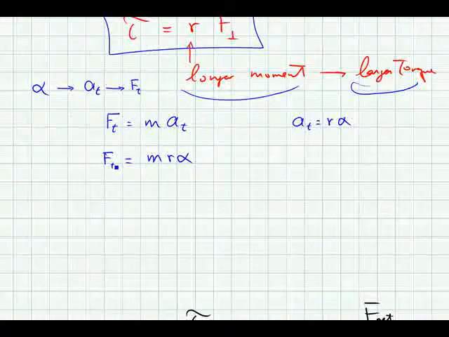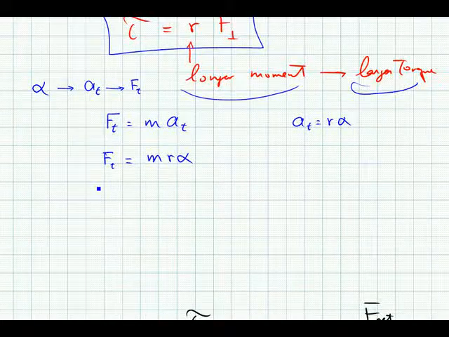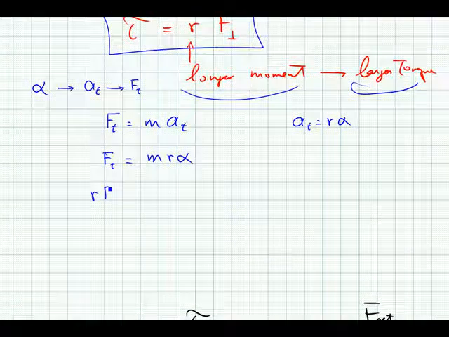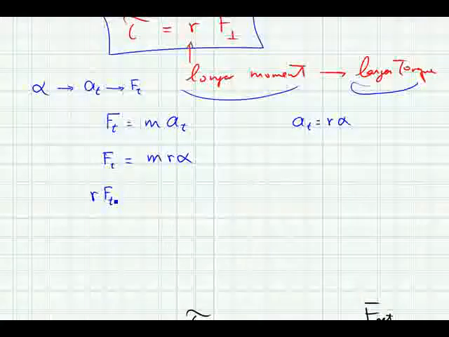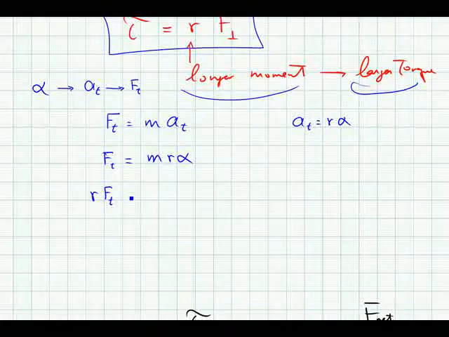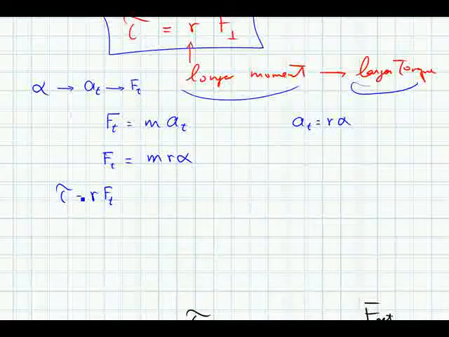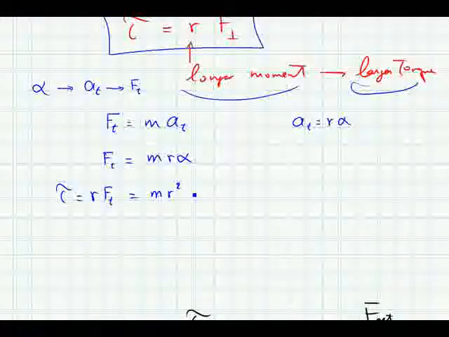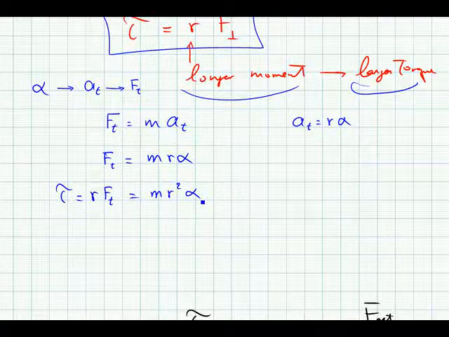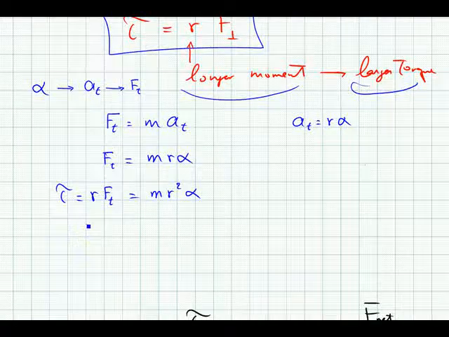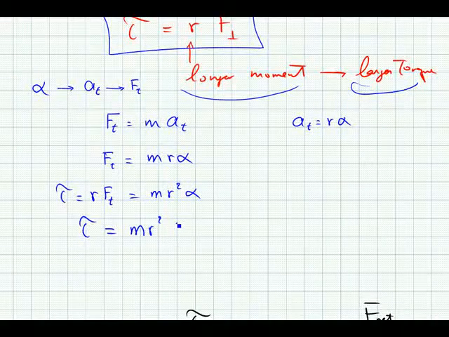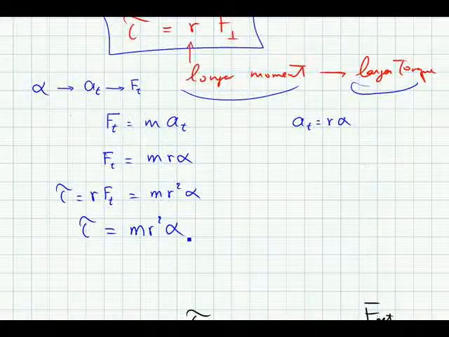and if I were now to go with torque rather than force, torque we said is r F tangential. F tangential is F perpendicular, so that's my torque. It's equal to m r squared alpha. I just multiplied both sides by r, which gives me the magnitude of torque equal to m r squared alpha.